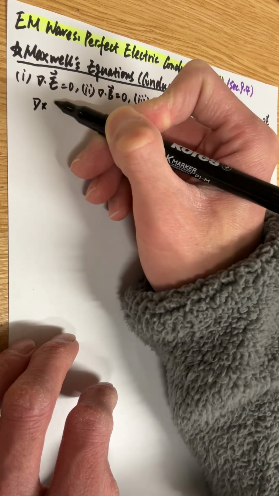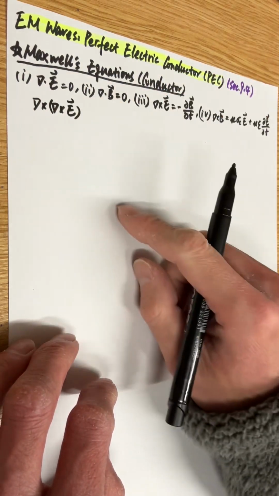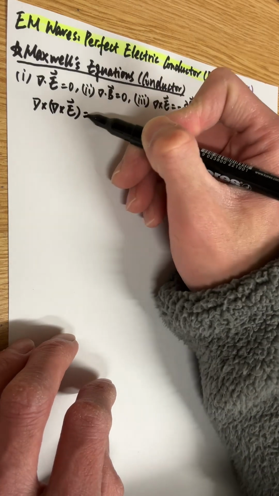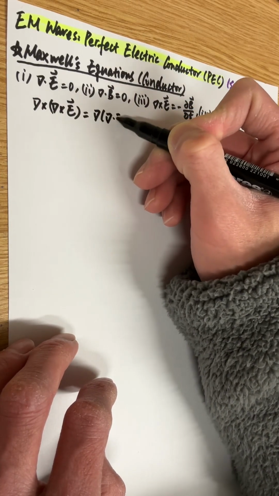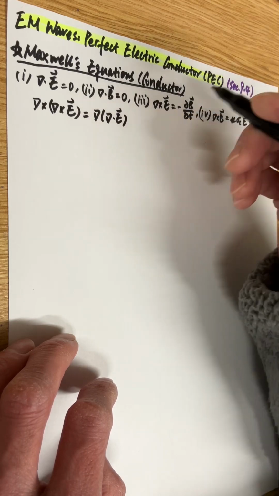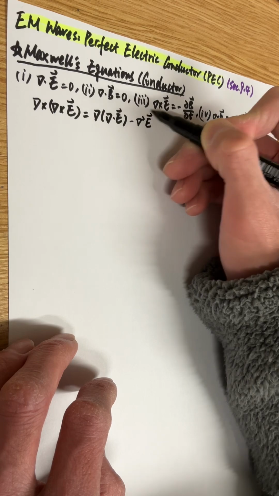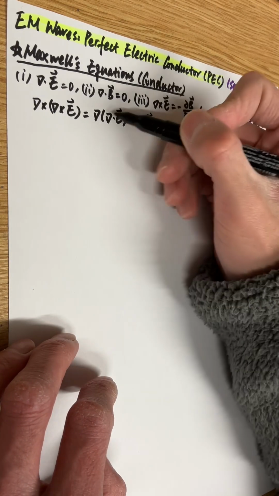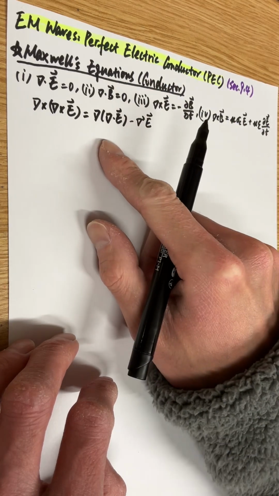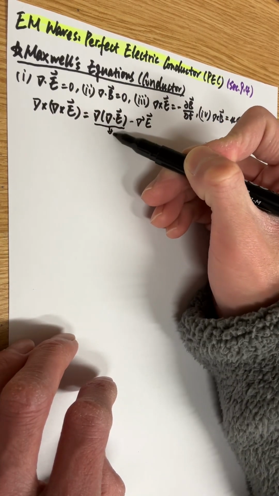the curl of the curl of the E field. We recalled a mathematical rule. So this equals the gradient of the divergence of the E field minus the Laplacian of the E field. So now if we look at this mathematical rule, we still have the divergence here equal to 0.